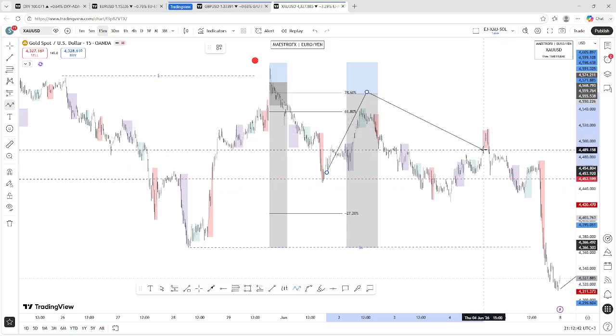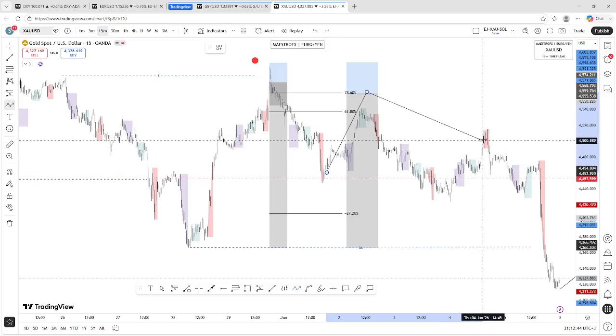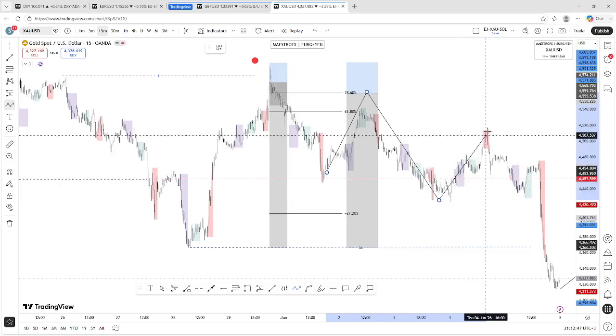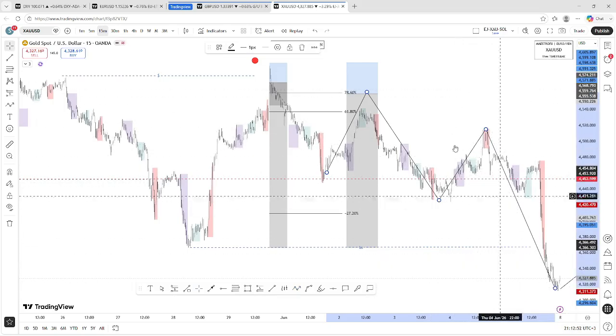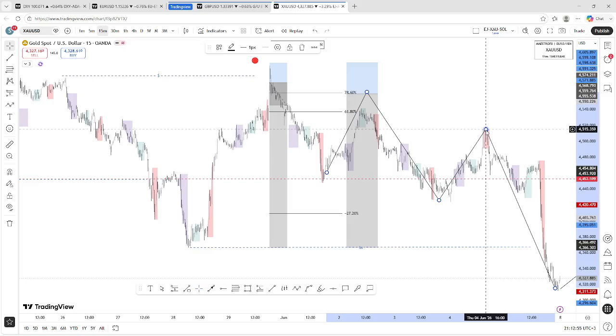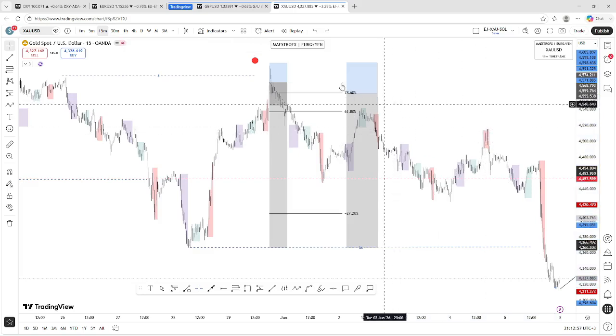But it was still a good entry setup, and you can see that the price flashed at this correction. And yes, that's my analysis on gold.